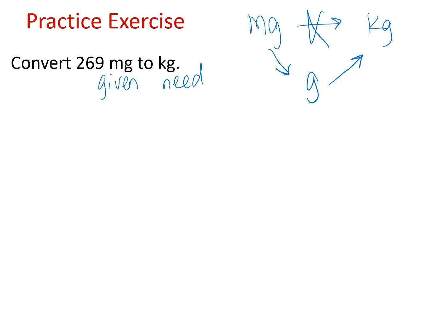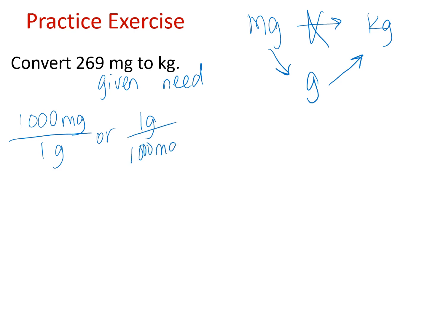Again, I'll just focus on how many of the smaller are in the larger. And so milligram to gram, milligram is smaller, it's 1,000 times smaller, meaning that it's going to take 1,000 of those milligrams to make up 1 gram. Or I could have flipped it and showed it the other way. 1 gram for every 1,000 milligrams.